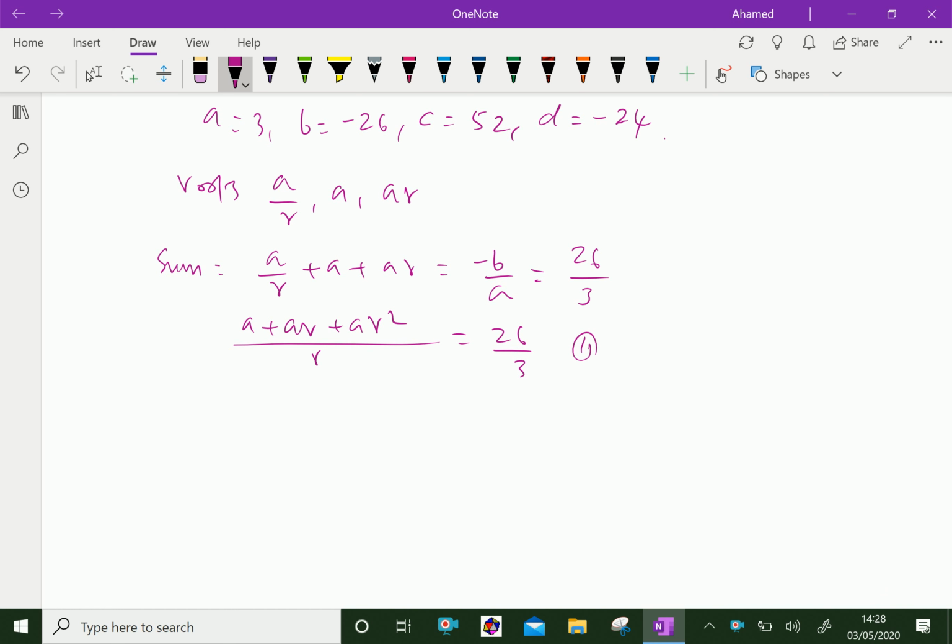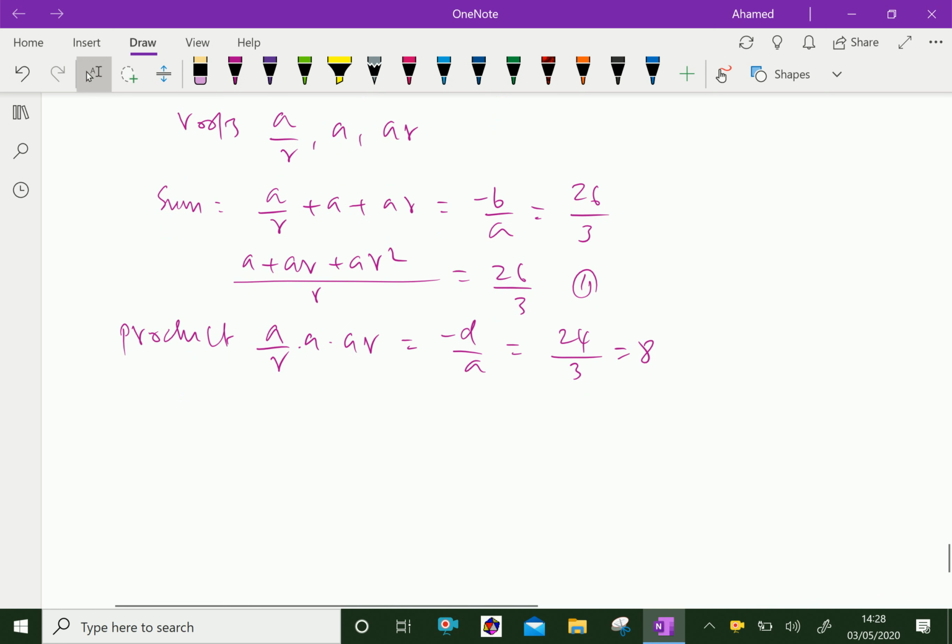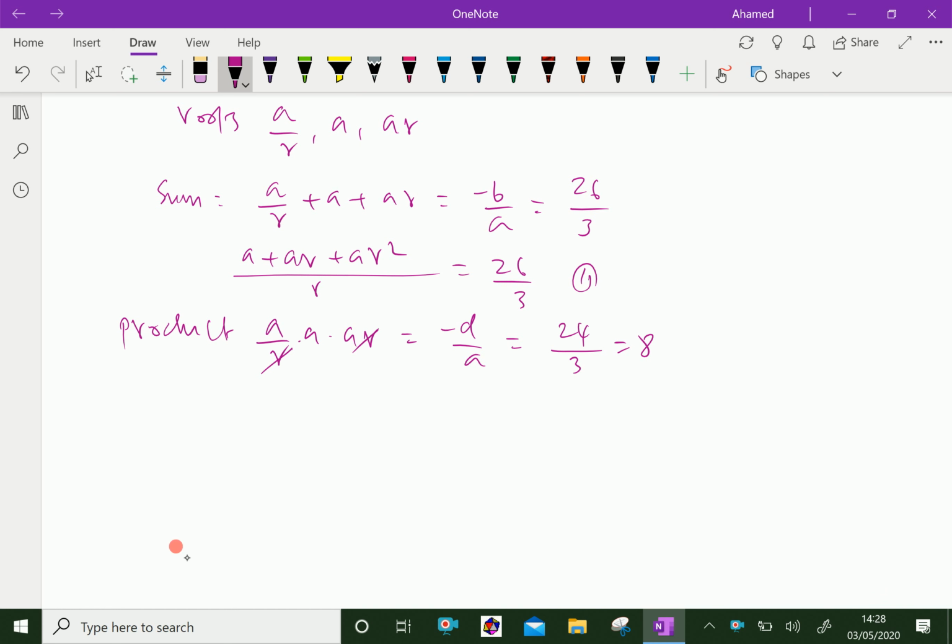Now the product: a over r, a, ar equals the product, which is minus d by a, which is minus d, that is 24 over 3, equal to 8. Cutting r and r, a cube equals 8, which gives a as the cube root of 8, which is 2.